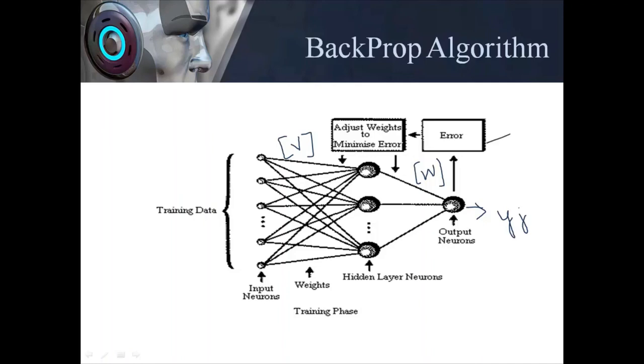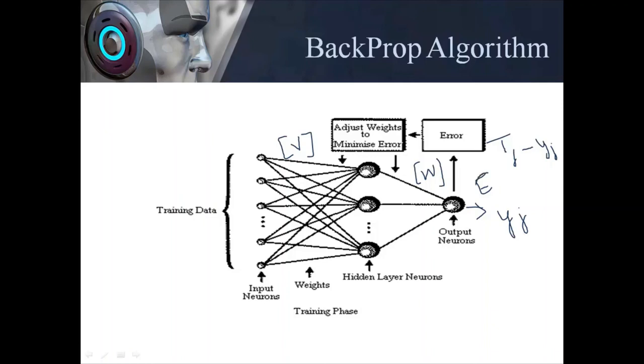Once I have yj, I can compute the error. This error is nothing but the target value minus the actual value. Once we have this, we can compute our error cost function, which is nothing but the mean squared error.